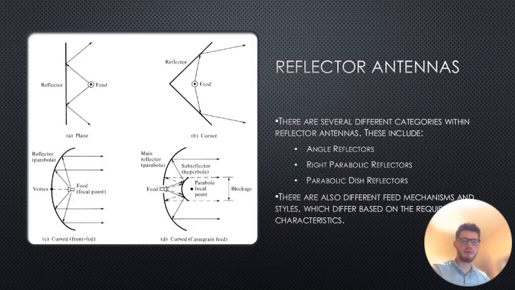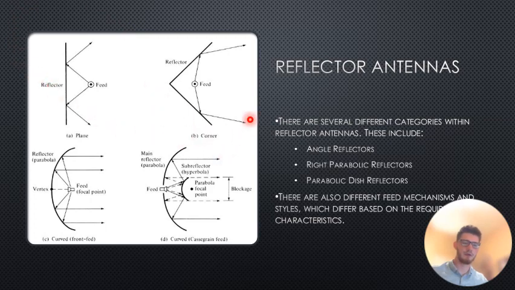One such type of antenna is the reflector antenna. There are several different categories within the group of reflector antennas, which include angled reflectors, right parabolic reflectors, parabolic dish reflectors, and just flat plane reflectors. As you can see on the left, these are the flat plane reflectors.